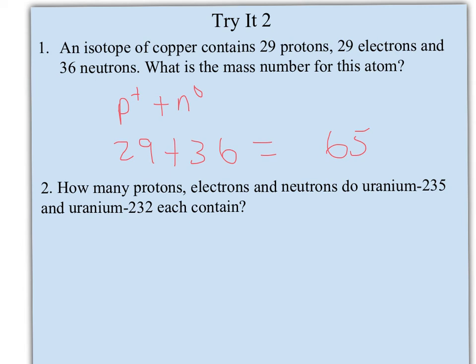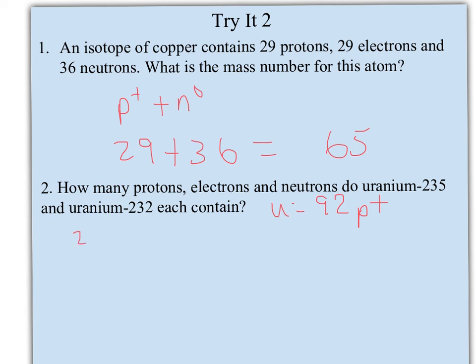Number 2 says how many protons, electrons, and neutrons do uranium-235 and uranium-232 each contain? Well, uranium, if you look it up, always contains 92 protons because that's its atomic number, and atomic numbers for an element do not change.